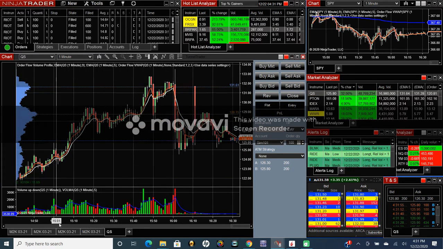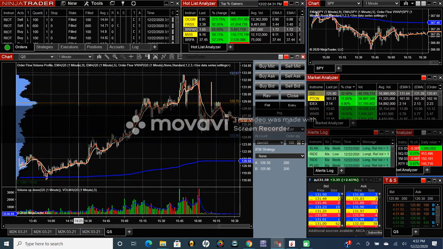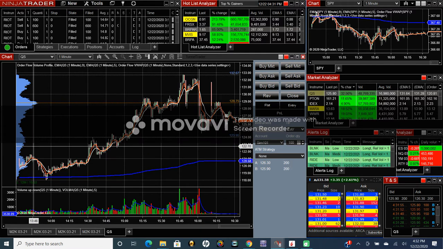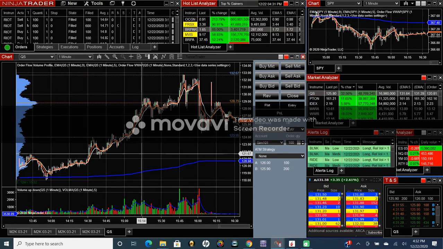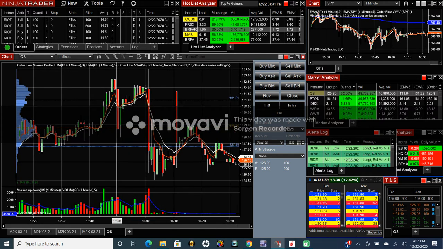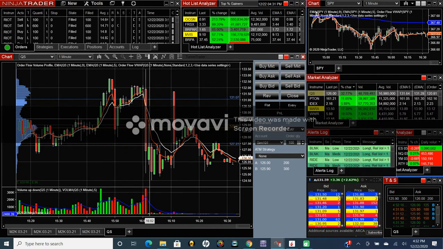So this is essentially how I set up my day trades. This is a 1 minute chart. I have VWAP, which is the blue line. Then the white line is going to be the 9 EMA, and the orange line is going to be your 5 EMA.